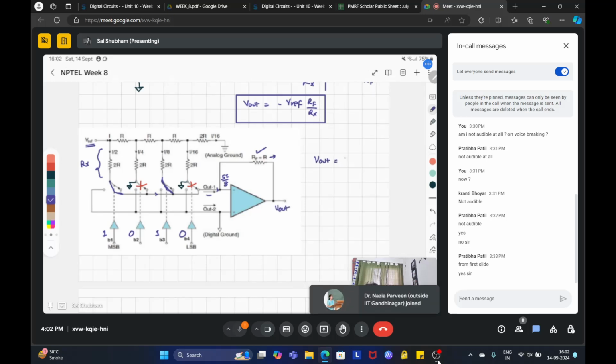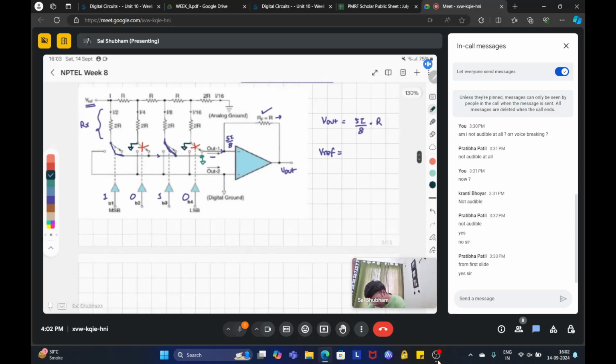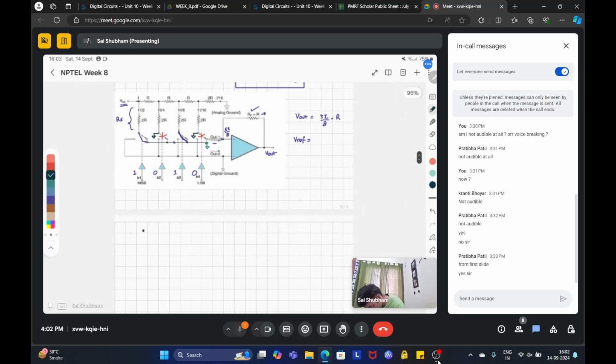So V out equal to 5I by 8 into R. V reference equal to. So now this is a little tricky. The reason is that out is also grounded and the other parts are also grounded. So what resistance will Vref look at? So if you make the tree of Vref, it is something similar to this.